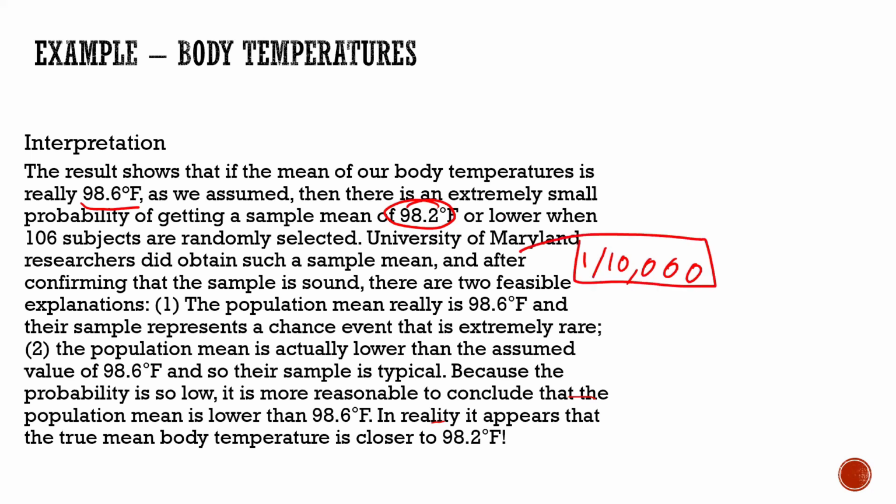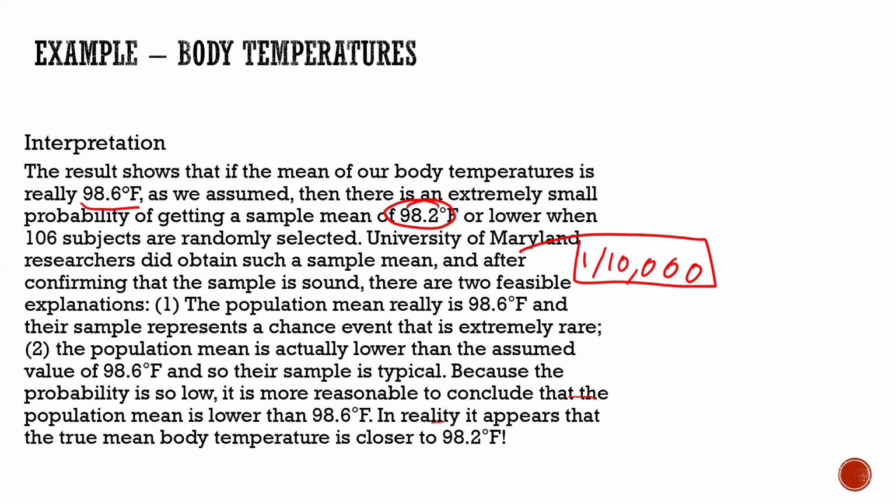So that means there are two possibilities. The population mean really is this, and this sample just happens to be very unrepresentative, even though it was randomly selected. Something that has a 1 in 10,000 chance of occurring could occur, just like if I flip that coin in front of you and you get 30 heads in a row, that has a non-zero chance of happening.